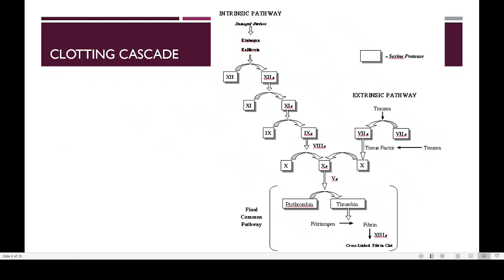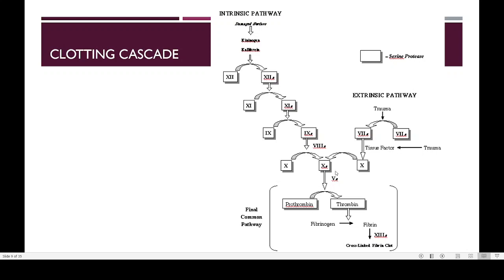The pro-convertin will be converted into active pro-convertin, and that will be acting on the Stewart factor, that is clotting factor 10, and this is also caused by an external trauma. So finally, whether the route is from the intrinsic pathway or from the extrinsic pathway, the end product is an active Stewart factor or an active clotting factor 10.